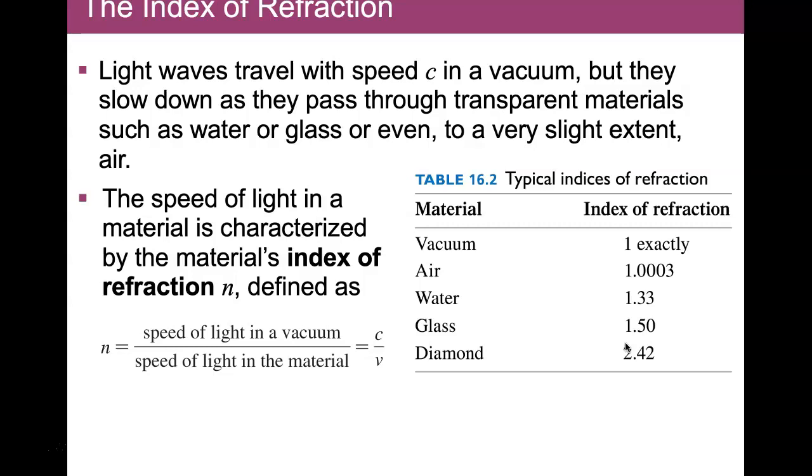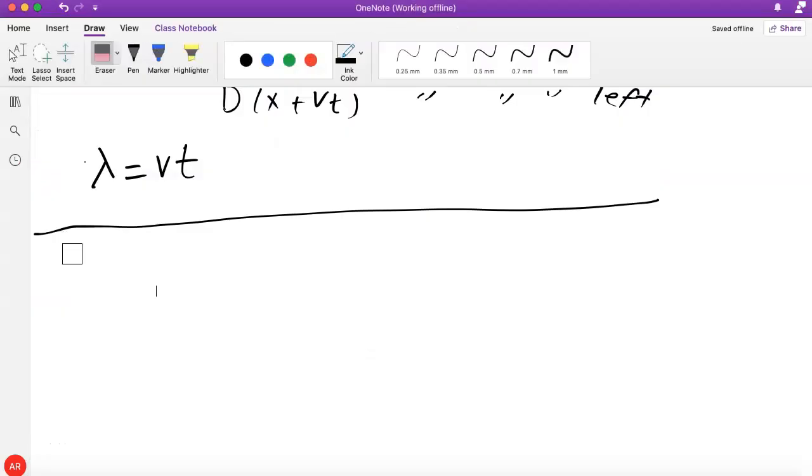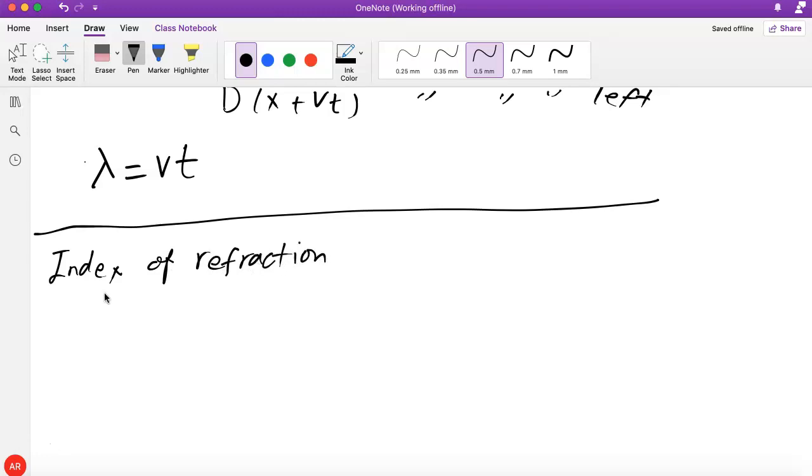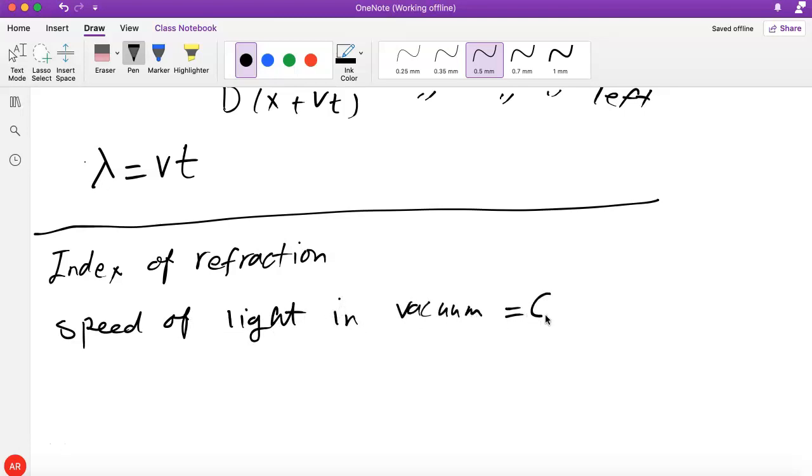Now, one quantity that's quite useful to talk about is something called the index of refraction. So the idea is that light has a particular speed of propagation in vacuum, which is called c.